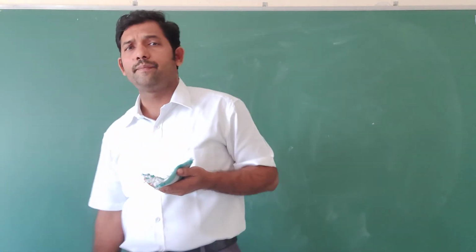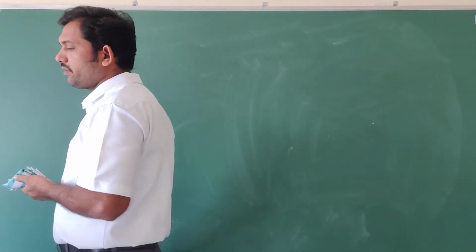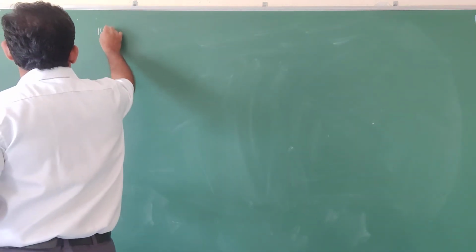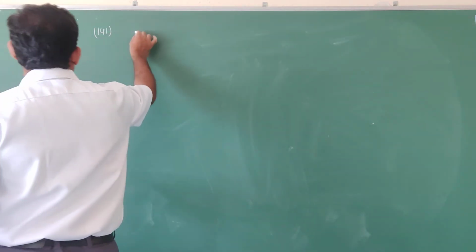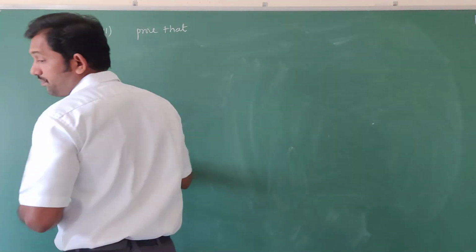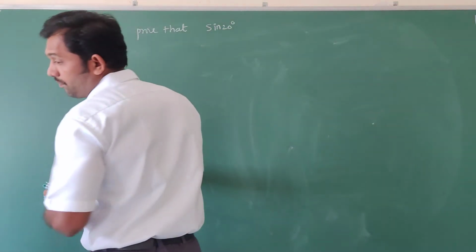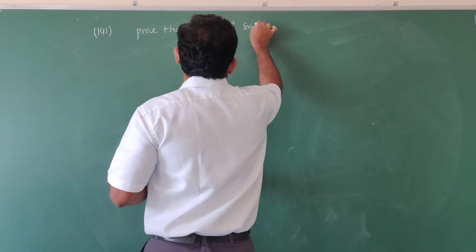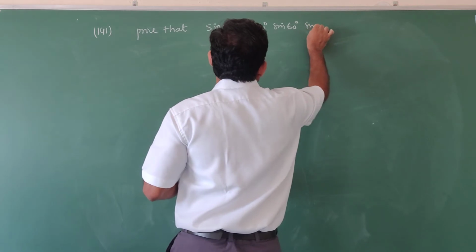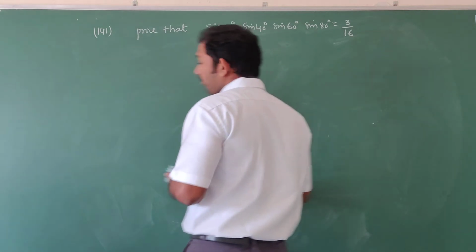These two questions, these two formulas are related questions. Note down question number 141. Prove that sin 20 degrees sin 40 degrees sin 60 degrees sin 80 degrees is equal to 3 by 16.